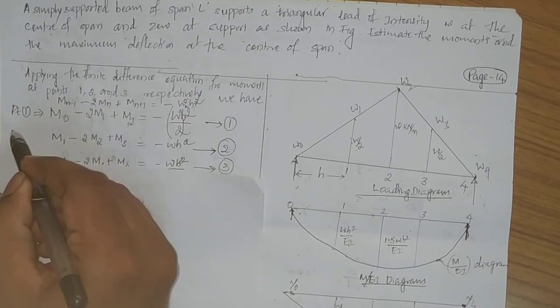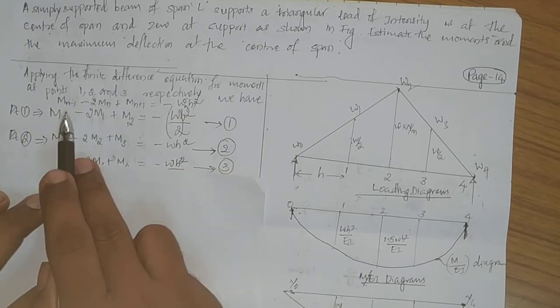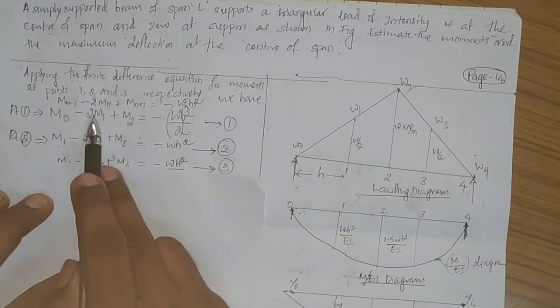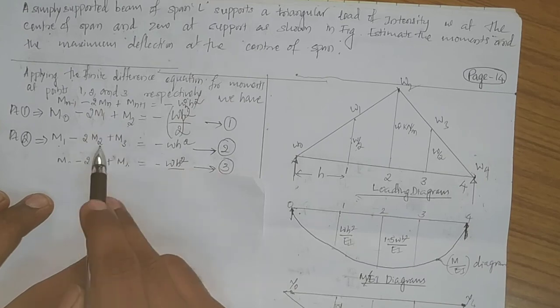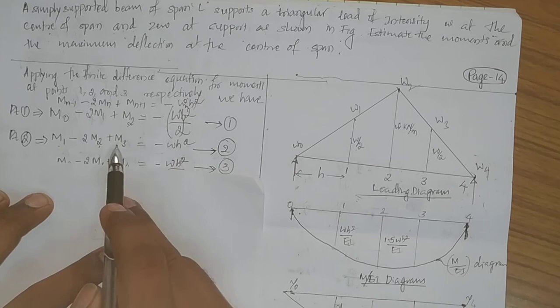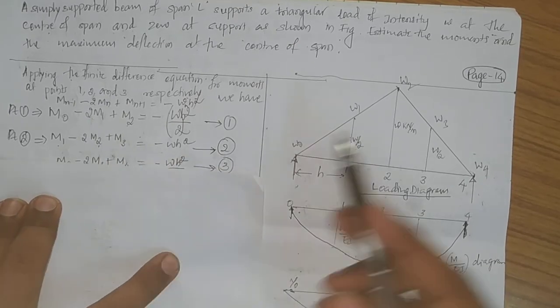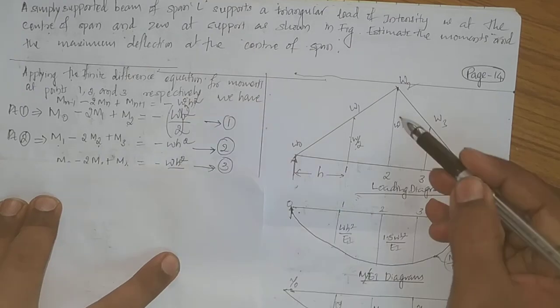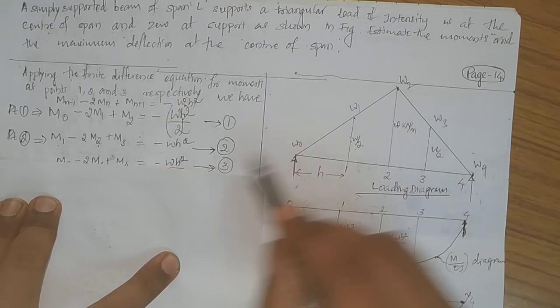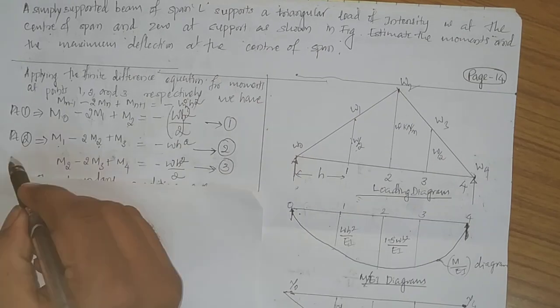Next at point number 2, n is equal to 2, so M1 minus 2M2 plus M3, which is equal to minus Wh square. What is Wn here? Wn is equal to W, therefore it becomes minus Wh square. Next, consider point number 3.